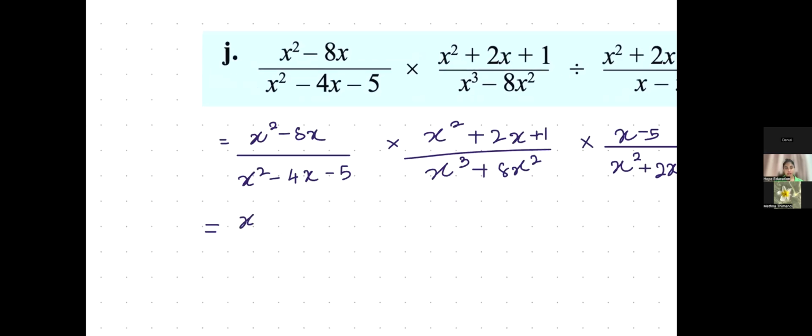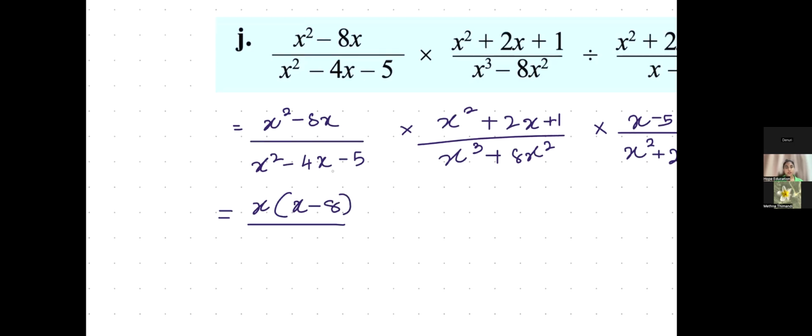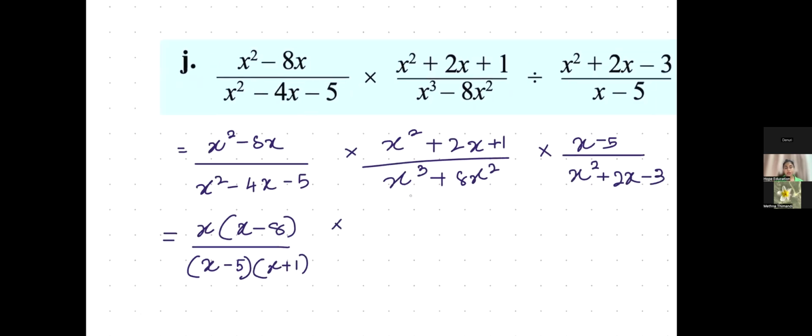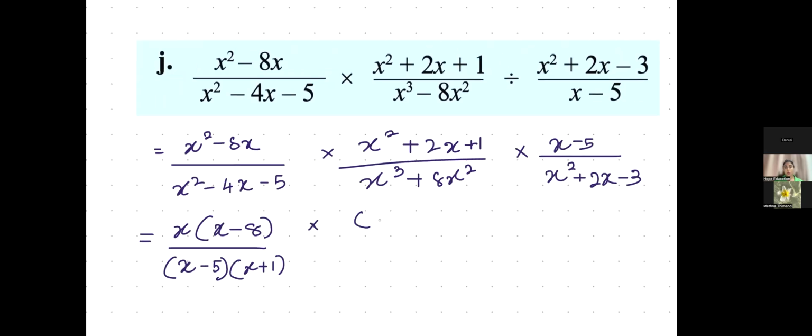I have x minus 8. At the bottom, x squared minus 4x minus 5, that we write as x minus 5 and x plus 1. Here, x squared plus 2x plus 1, we can write as x plus 1 squared.